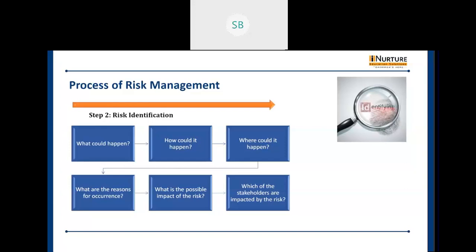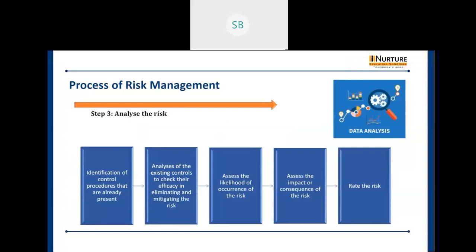Any kind of risk will impact in terms of loss, whether it's a financial loss or sometimes a human life loss. So we should take care of it and identify what kind of losses the risk will result in.